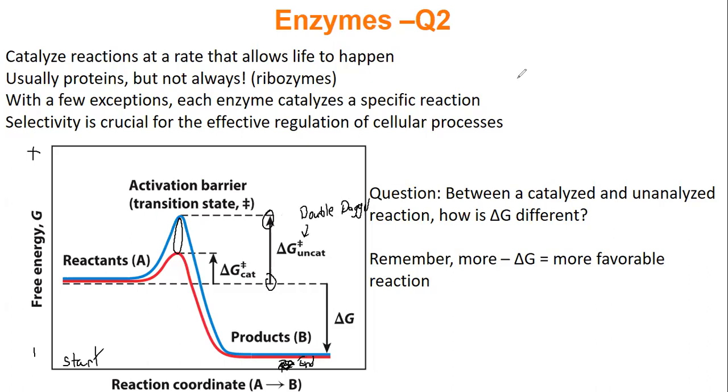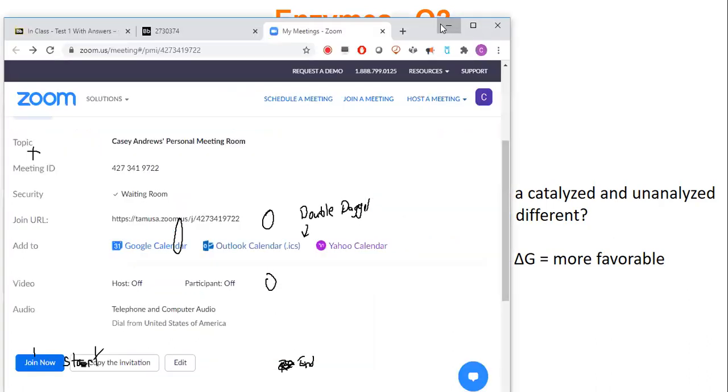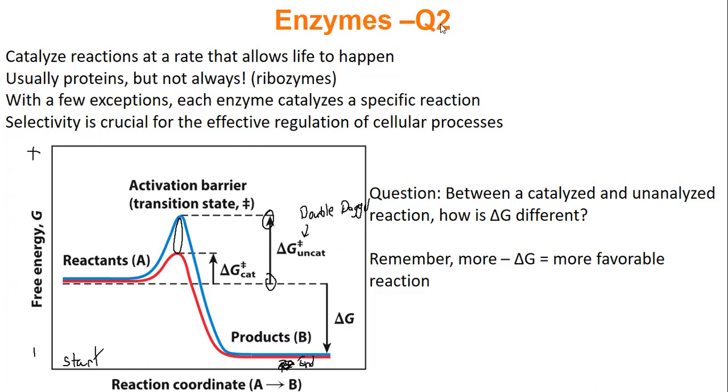All right, so I do have a question for all of you. Did I make a poll? I did not. All right, so I guess answer this yourself. You don't have to say it in chat or anything, but I want you to commit to an answer. How does delta G change between a catalyzed and uncatalyzed reaction?